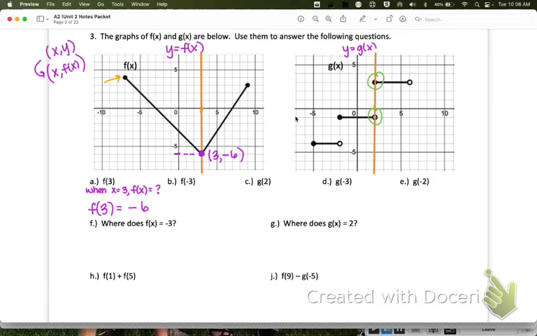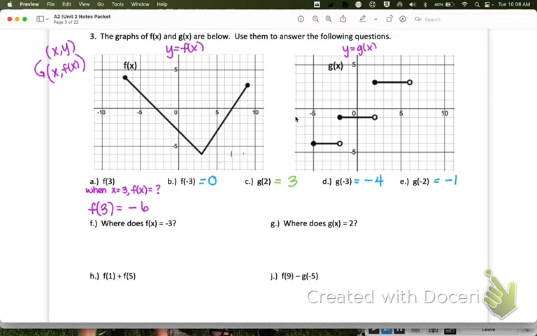I only hit at this ordered pair right here at the top, which is 2, 3, because that is where the solid dot is. This one is an open circle, so that means the graph doesn't actually cross right there because there is no graph there. So on the g graph, when x is 2, the y is 3. So pause the video and see if you can do B, D, and E. I'll come back in 3 seconds with the answers.